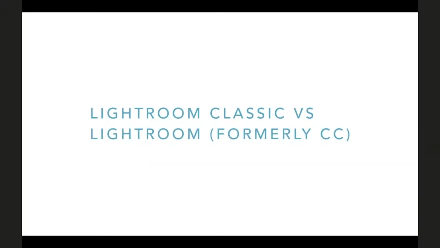So I'm going to talk a little bit about the two Lightroom ecosystems to start with. Just to cover this really quickly, it's a very short keynote, but it goes over some of the main differences between the two different Lightroom ecosystems. So if you guys aren't familiar, Lightroom Classic came out back in 2006, so it's been around for a while.